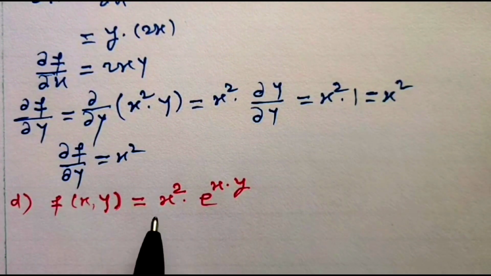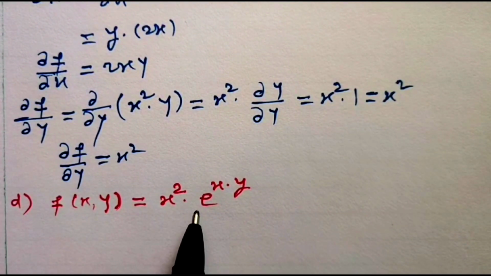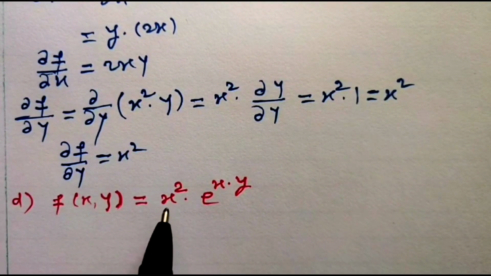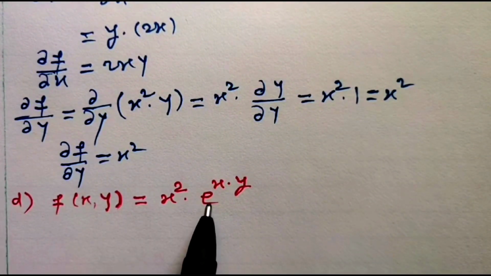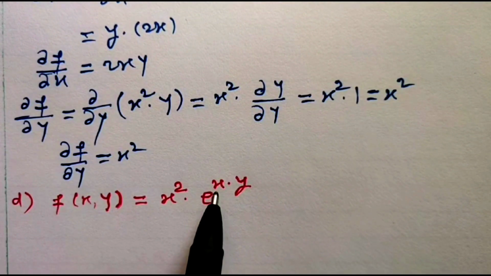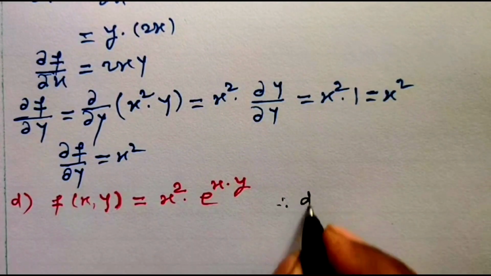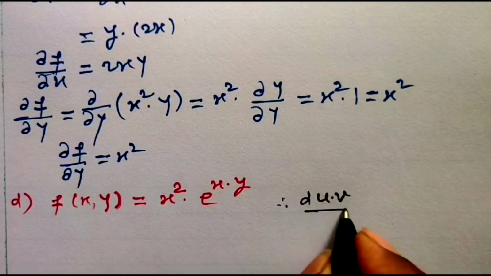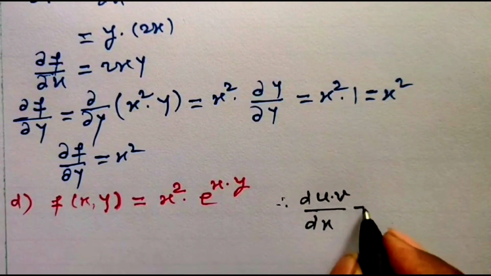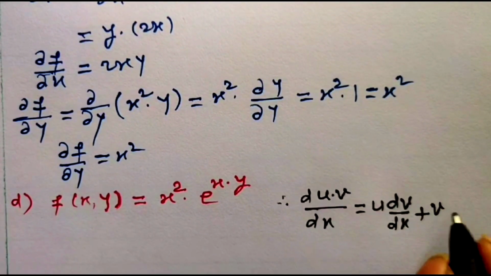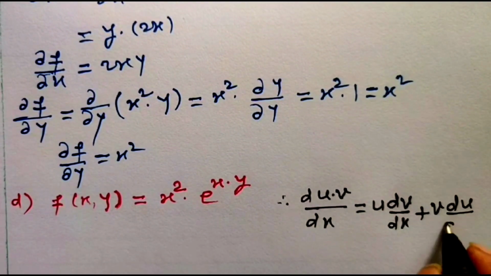F of x comma y is equal to x square into e to the power x into y. This is multiplication of two functions, x square and second function e to the power x into y. So we can write, we must know this formula, derivative of u into v with respect to x is equal to u into derivative of v with respect to x plus v into derivative of u with respect to x.